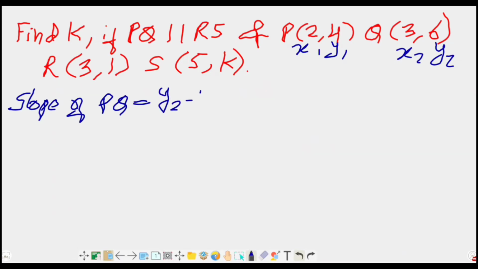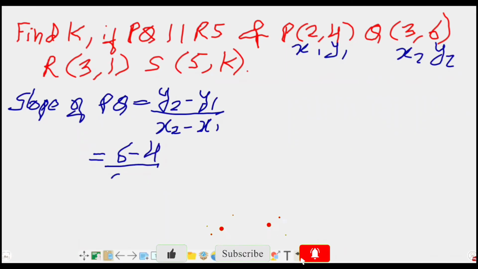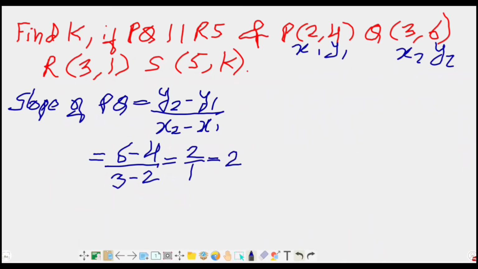So first we will write the formula, y2 minus y1 upon x2 minus x1. Now what is my y2, students? 6. So 6 minus 4 upon 3 minus 2. This will give you 2 by 1. So my slope of PQ is 2.